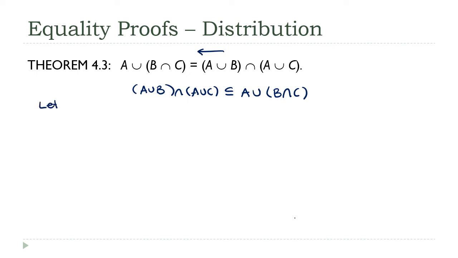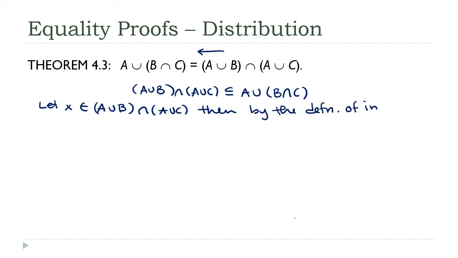Let X be an element of A union B intersection A union C. Then, by the definition of intersection, again, X is an element of A union B, and X is an element of A union C. Has to be in both of them in this case.